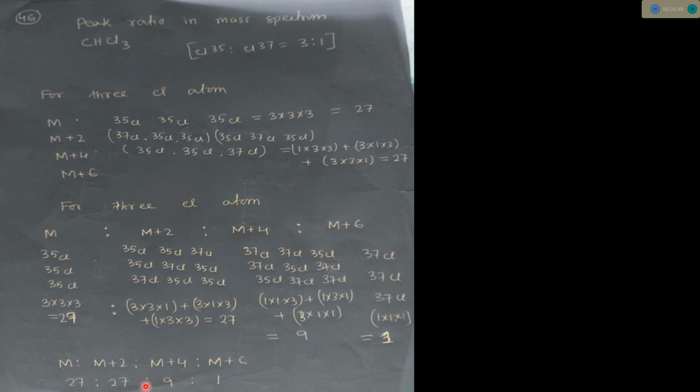So the ratio is 27 : 27 : 9 : 1. This is the peak ratio of M, M plus 2, M plus 4, M plus 6, since there are 3 chlorine atoms. If there are 2 chlorine atoms, then you have to find the M plus 2 and M plus 4 peaks. So let's move to the next question.